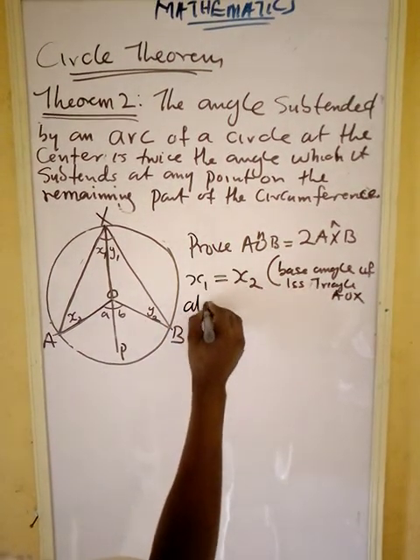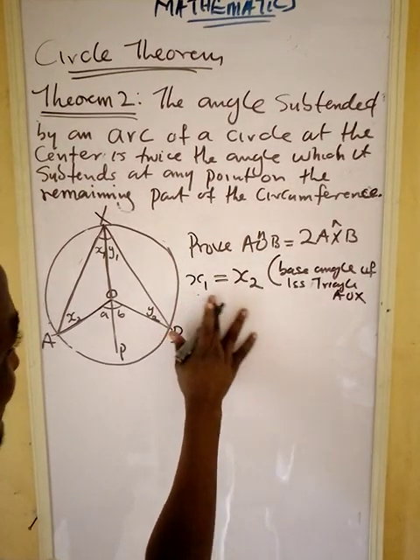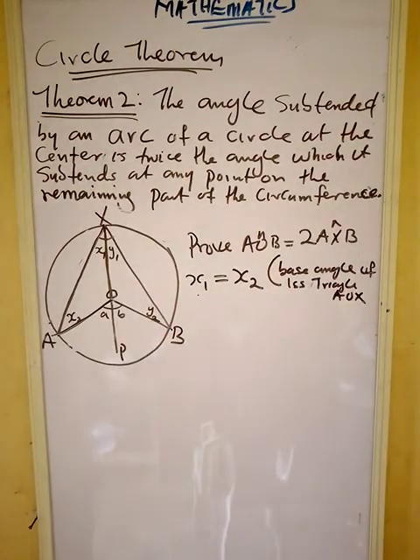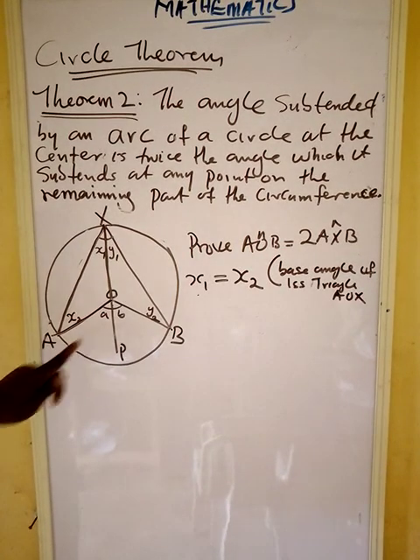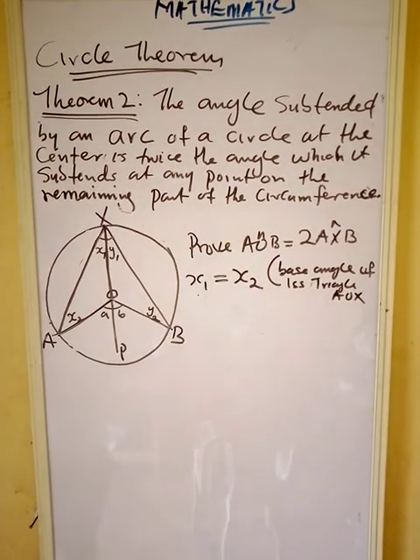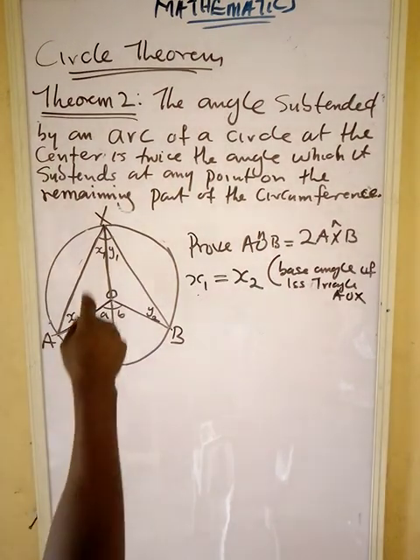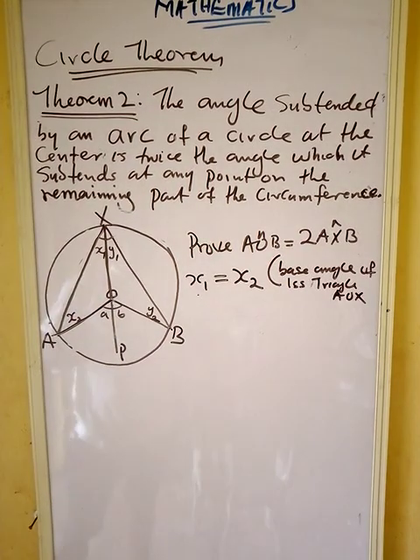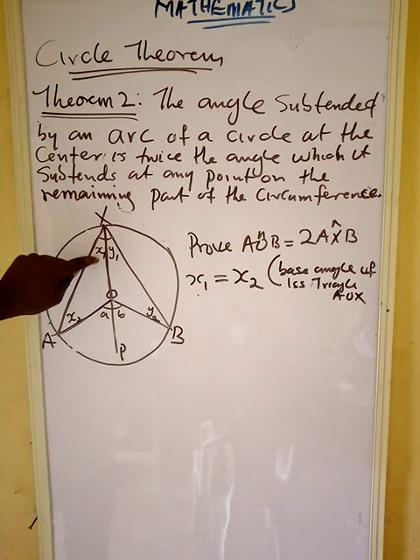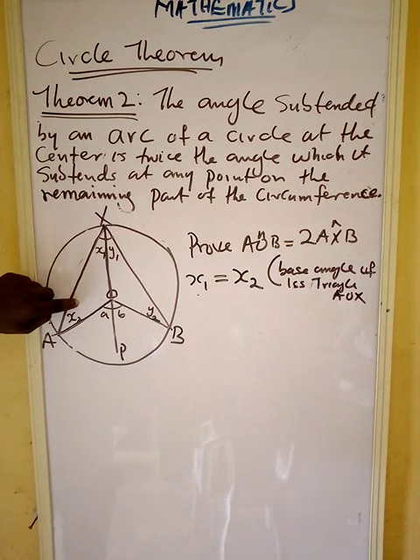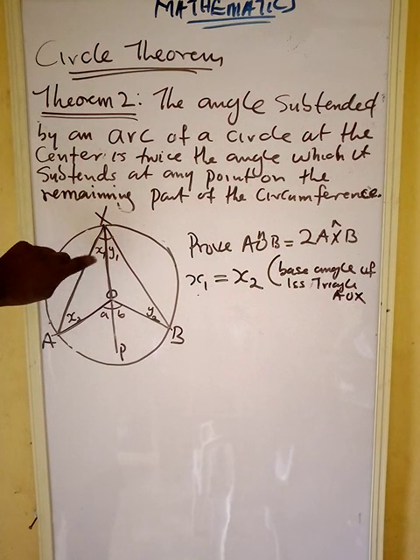Also, before that, the second one, look at A here. A is the exterior angle of x1 and x2.